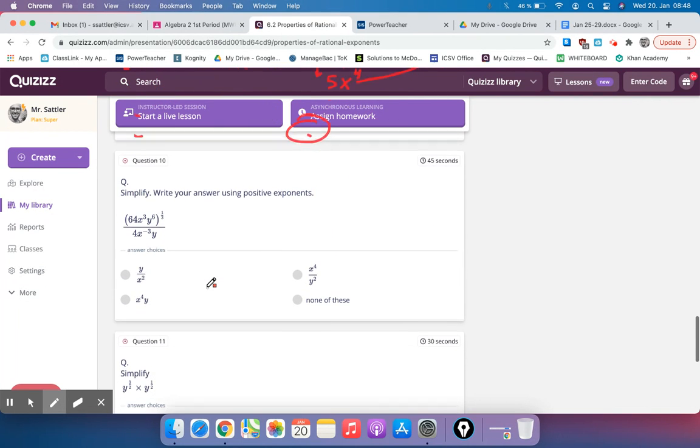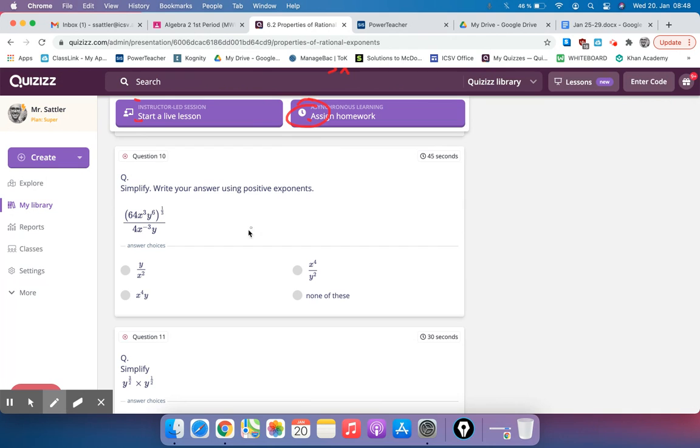Okay, question 10. This is probably about as complicated as I'm going to give you. So first thing we need to do, since there's parentheses, is distribute this exponent to each term. So 64 to the 1/3, that just means cube root of 64. And then x to the 3rd, all to the 1/3, that means we're going to multiply that.